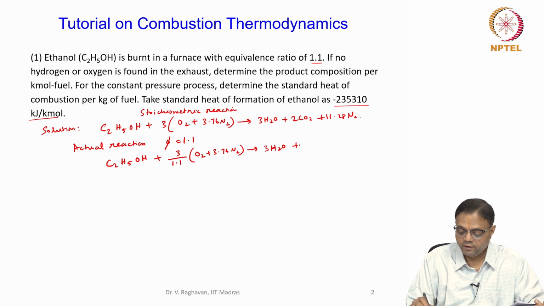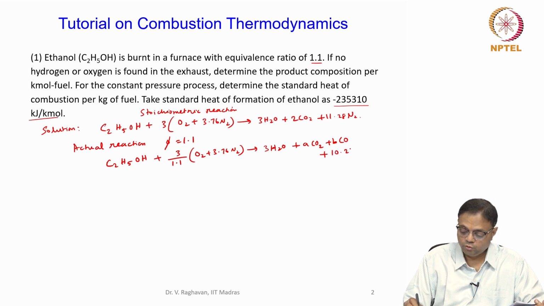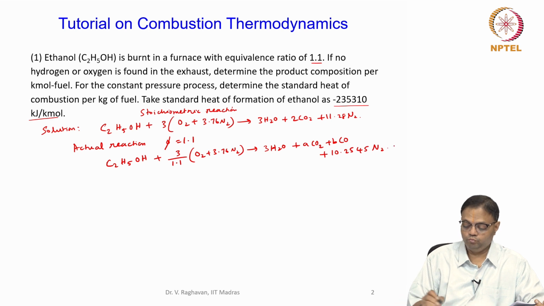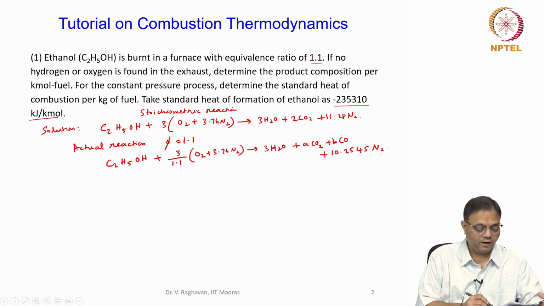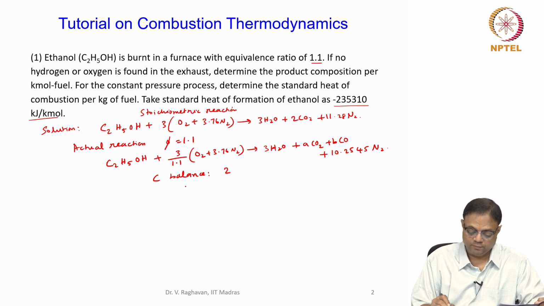So I can say A times CO2 plus B times CO plus here I can write 10.2545 N2. Now I can find A and B values by, say for example, carbon balance, which gives on the left hand side 2 atoms.